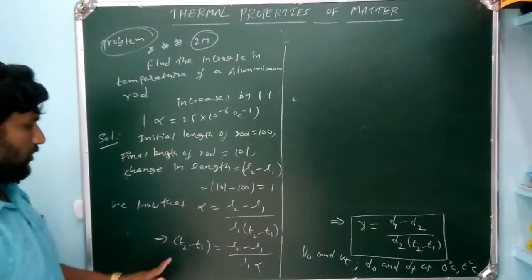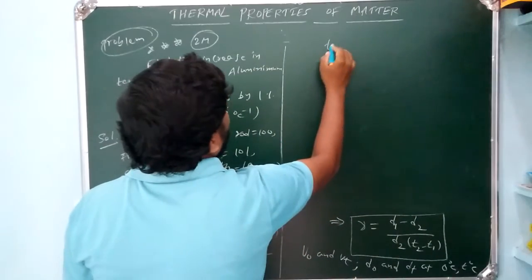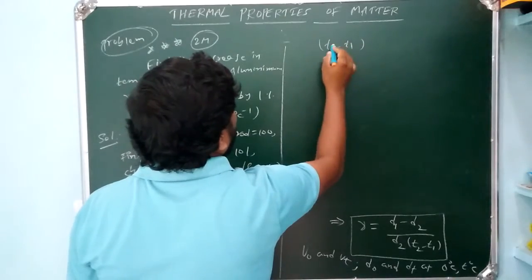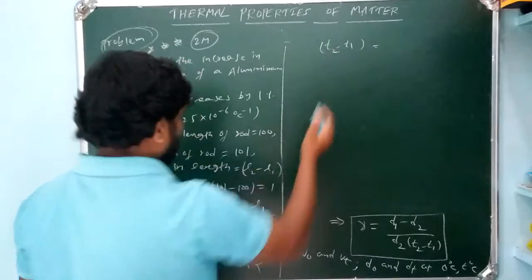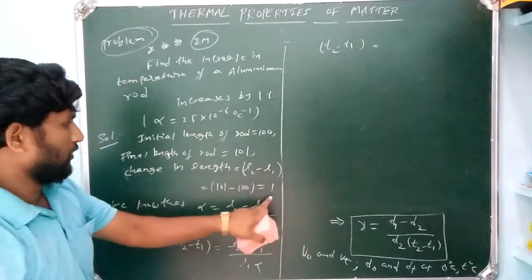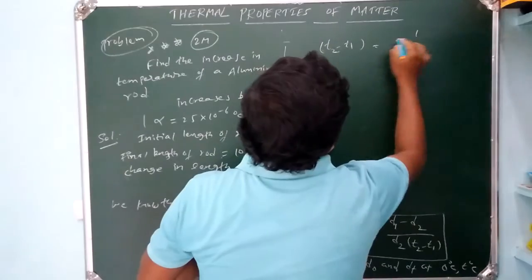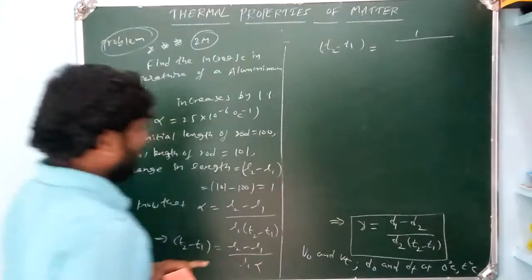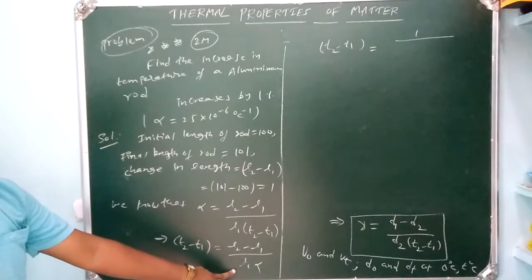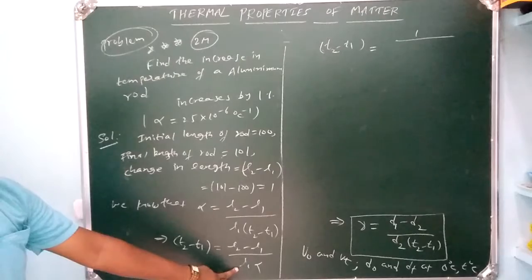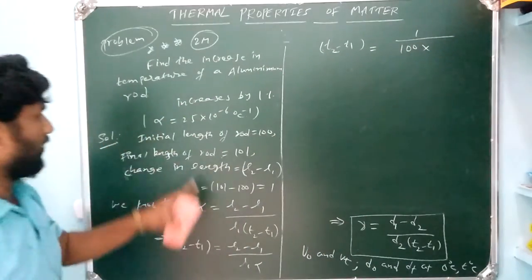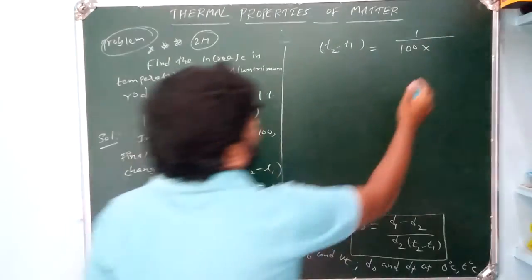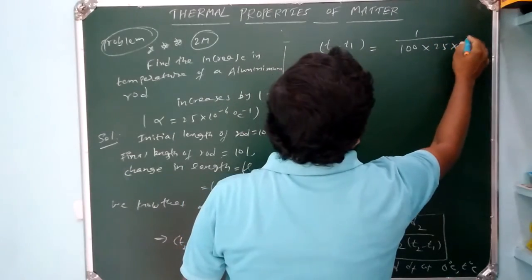Substituting the values, T2 minus T1 is equal to the change in length 1 by L1, which is 100, into the alpha value 25 into 10 power minus 6.